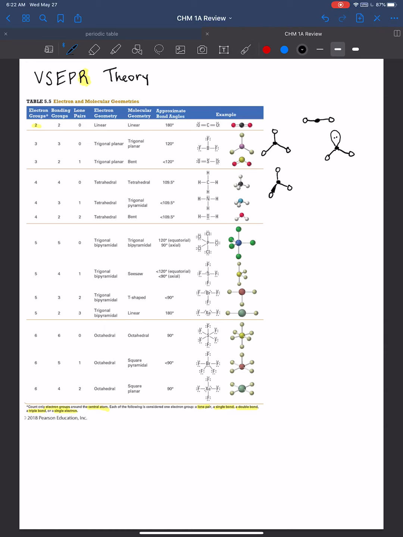And then one group is going away from us, and that's where we use a dashed line. So this is how we represent the 3D geometry on paper, using wedged and dashed lines.